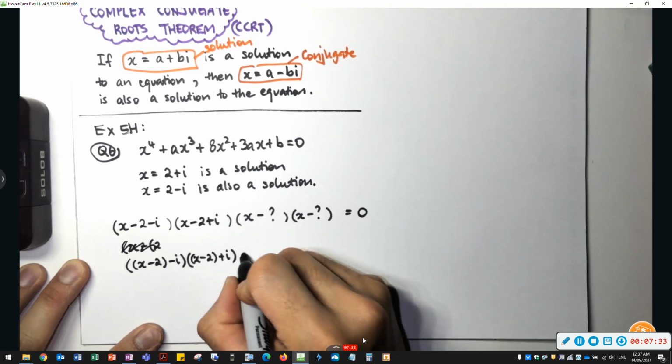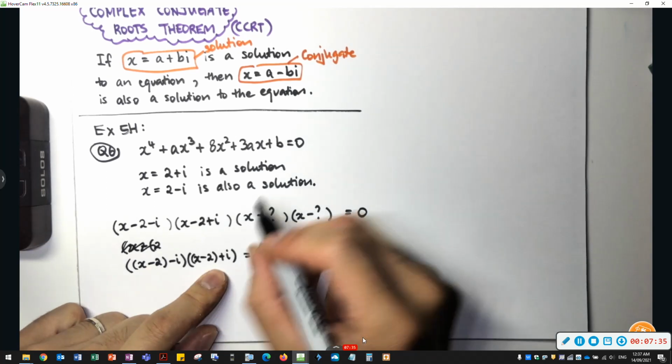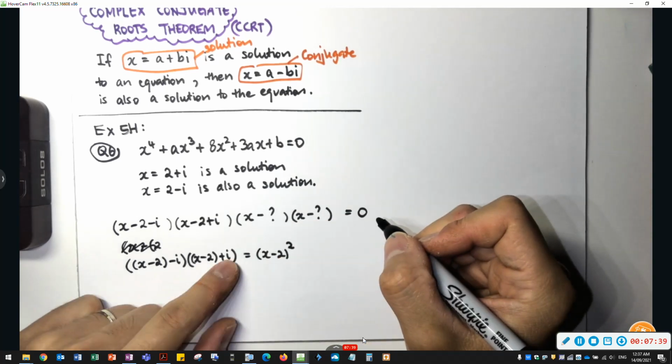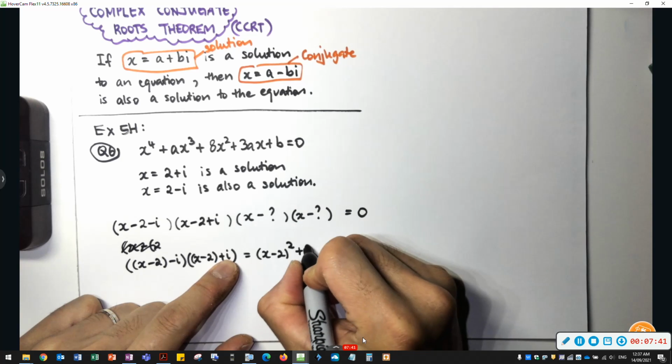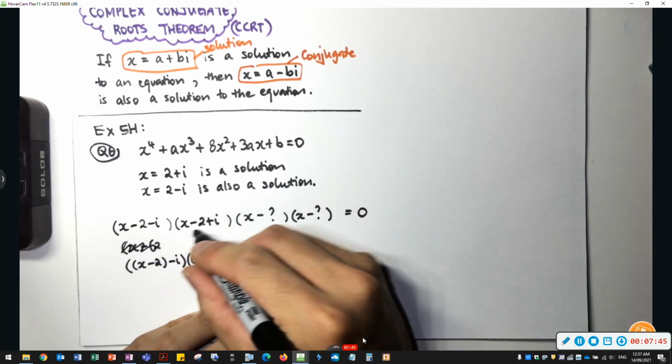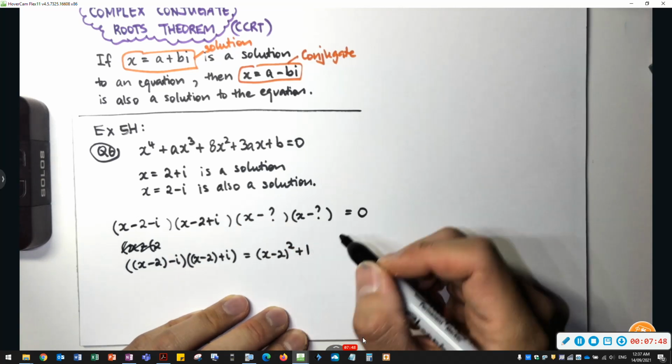So when I expand that, I've got (x minus 2) all squared minus i squared, which is just plus 1. So that's what the first 2 brackets look like.